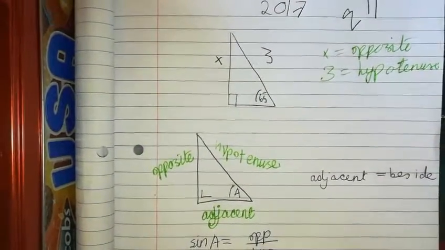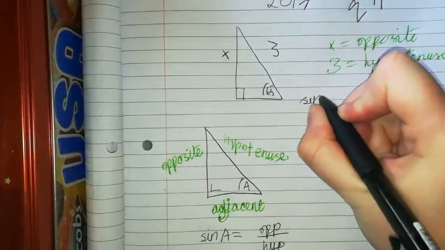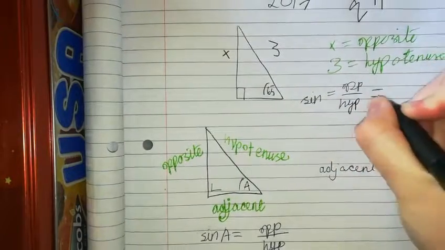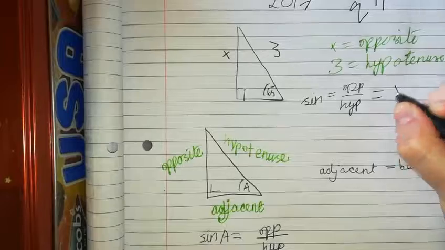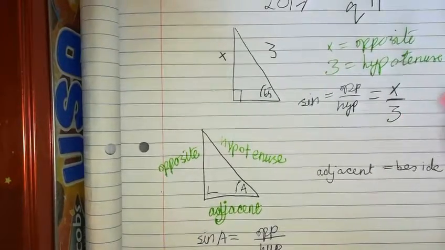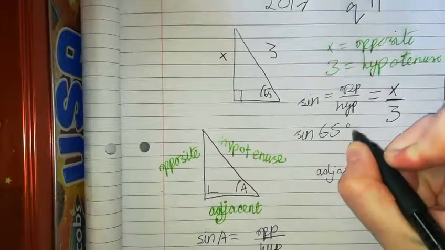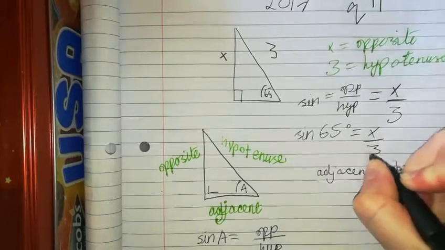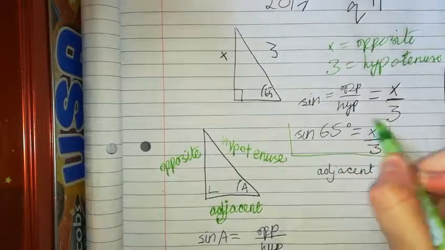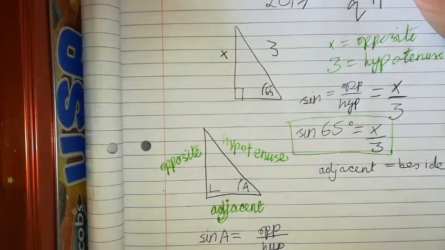So the sin of this angle, 65, is the opposite over the hypotenuse, so it's equal to x over 3. They asked for it in terms of x, so this is exactly right. Sin of our 65 is x over 3, and it's okay to have x in our answer. That's our answer for that part.